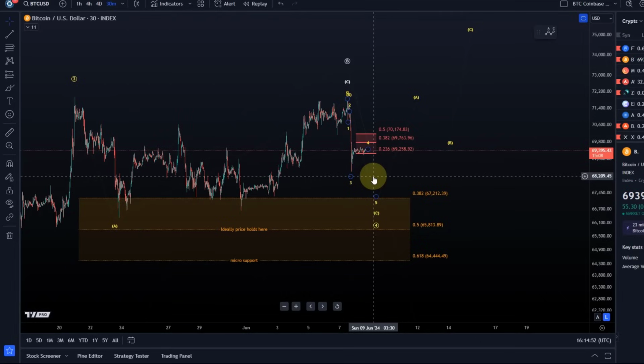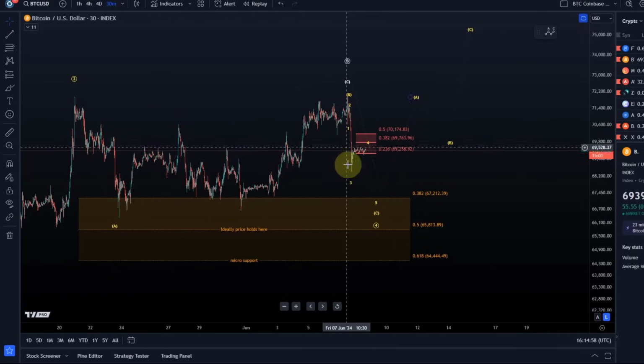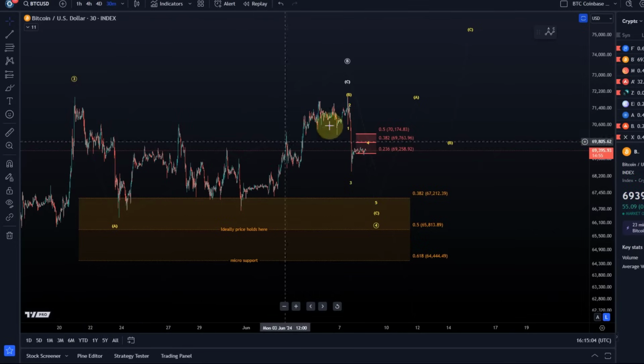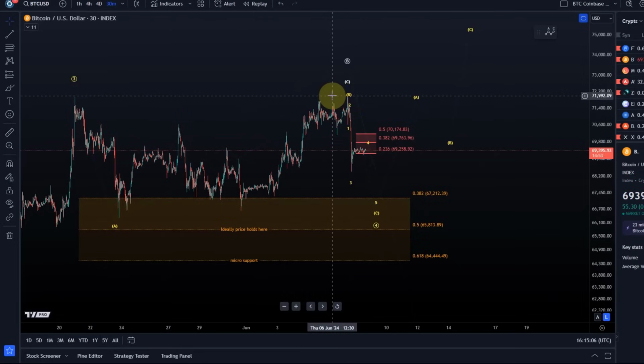So the way to do it is we have a wave count. We have the yellow scenario that we're watching here, in which we are in a wave 4 correction that started here after the third wave topped around the 20th of May. So A wave down, B wave, which did nearly overshoot. I think it might have overshot a little bit above the previous high in wave 3 there.